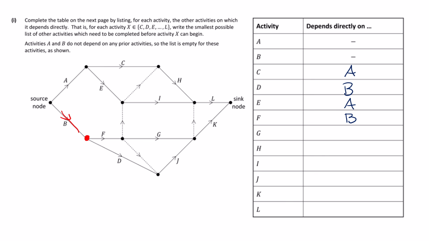Then let's take a look at G. Let me get rid of all these. For G, I have F feeding into it, and that is it. So G is F.